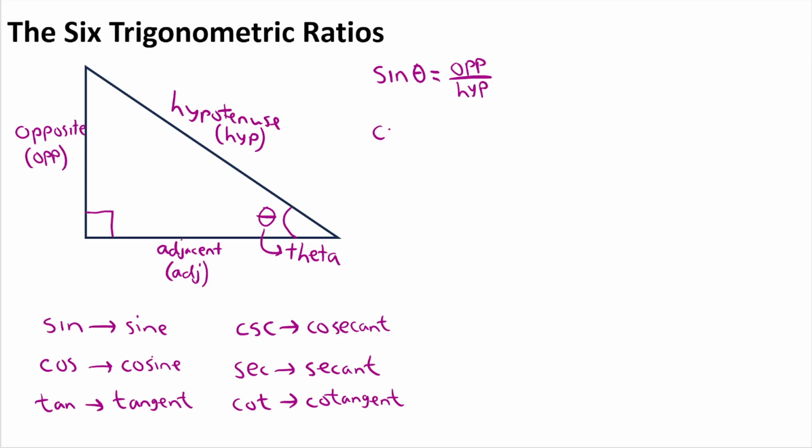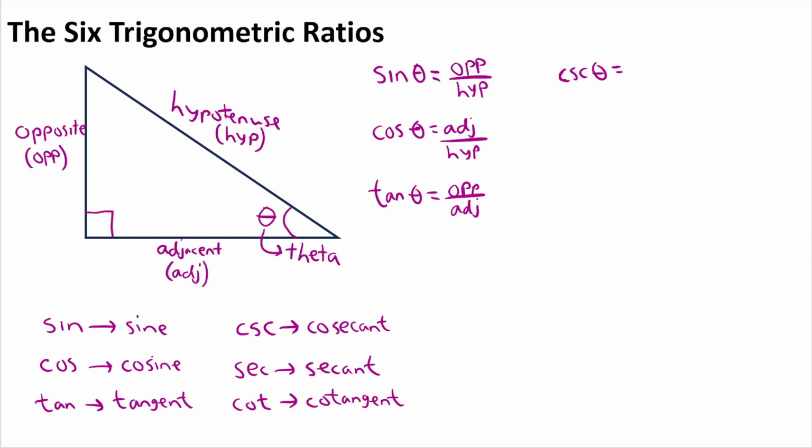The cosine of theta, or cos, like you say it, would be adjacent over hypotenuse. Then you also have the tangent, opposite over adjacent.